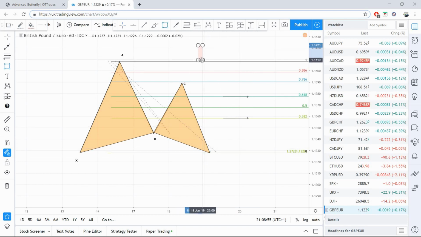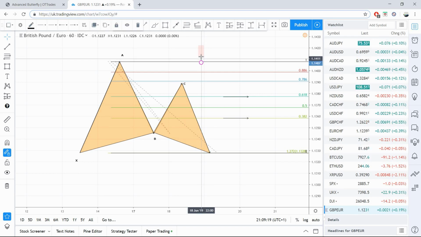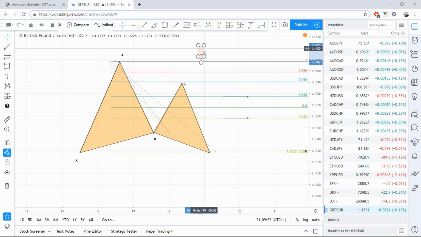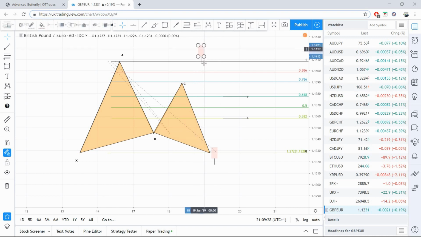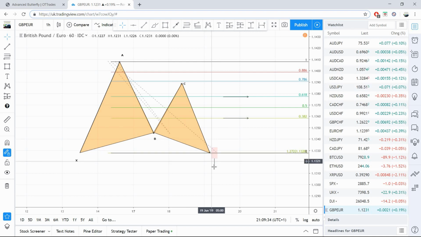Now if price were to, just making a candlestick here, so if this is our candlestick, here, so price has obviously exceeded that D point here, so price has moved down, it's then pulled back up and closed below the D point.